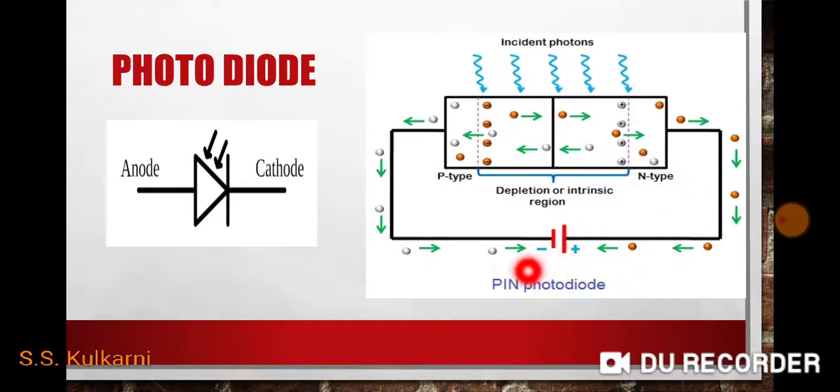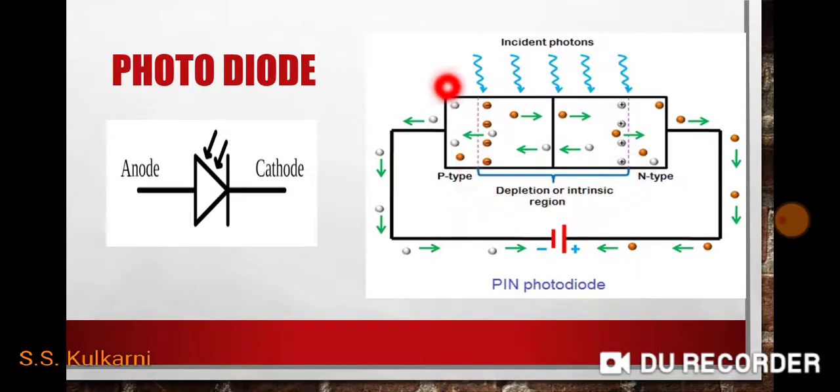We know the working principle of reverse bias that I am going to summarize within seconds. When the biasing voltage increases, the holes in this p-type material will get attracted towards the negative terminal of the battery and the electrons from this n side will get attracted towards the positive terminal of the battery, and as a result the depletion layer will increase.